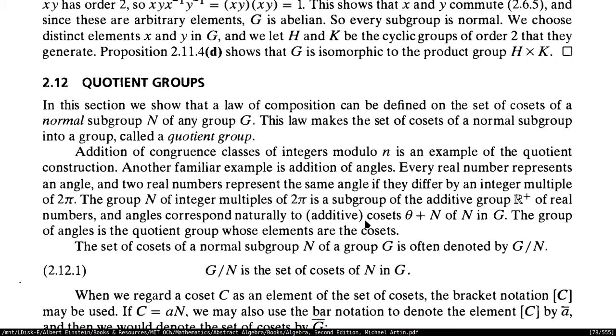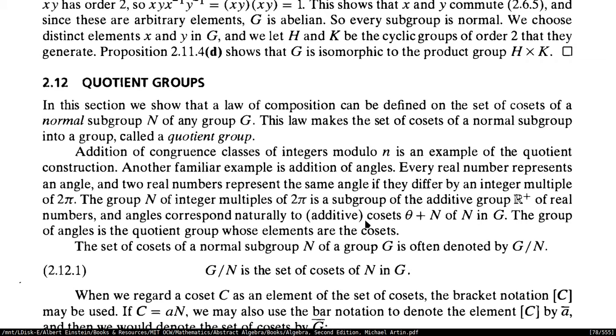When you regard a coset C as an element of this set, you have the equivalence classes. You can put the closed brackets around it, and if C is specifically this coset aN, then you can use the bar notation to denote the element C by a bar.